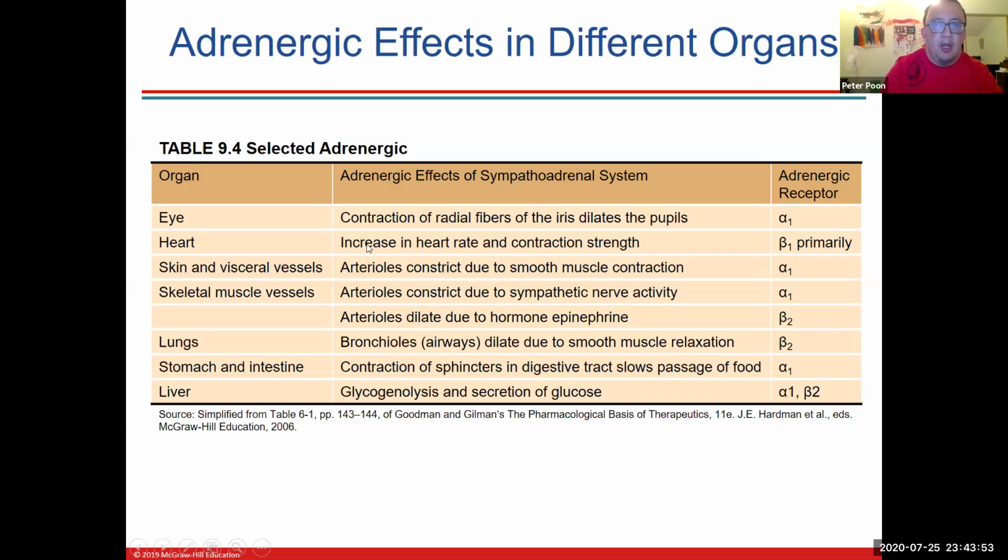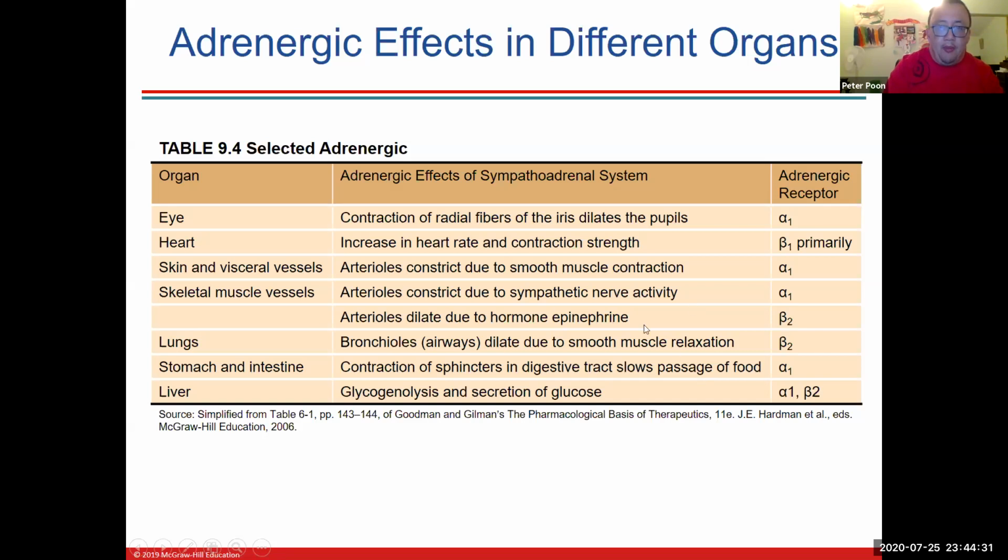The arterioles will constrict due to smooth muscle constriction, including in the stomach and intestines as well. You do not want blood going to your skin because you don't need it, which is why you turn pale when you're scared. You don't want blood going to your stomach and intestines because you're not digesting anything when you're scared.